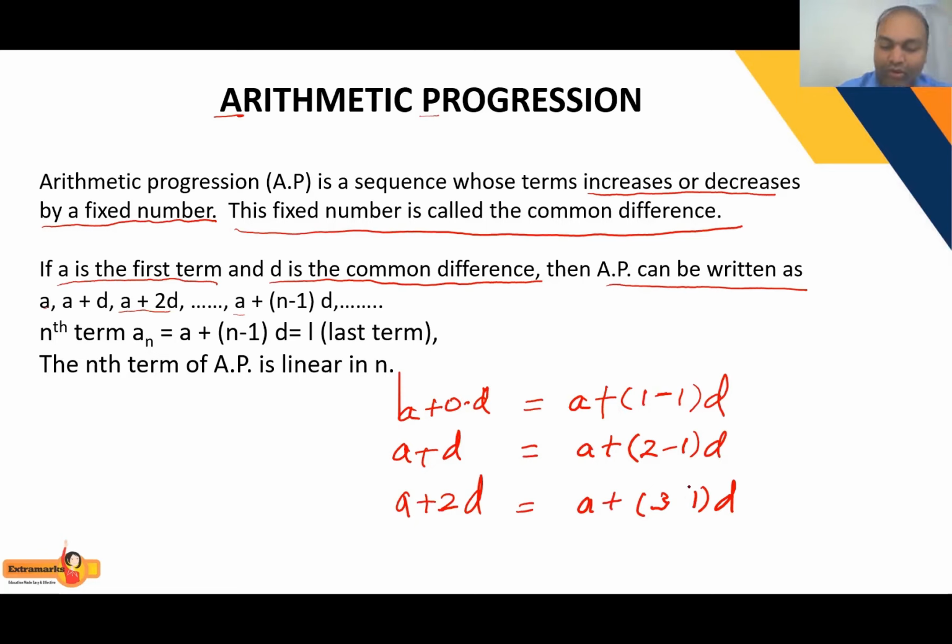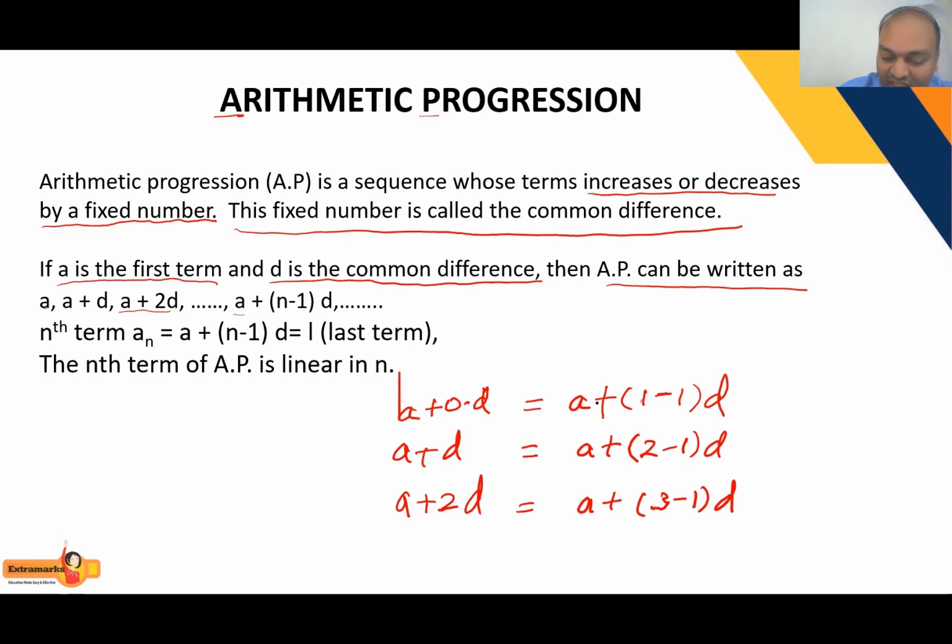Right? Now observe this one. First term 1, second term 2, third term 3. Then automatically nth term you write n. So nth term will be what?